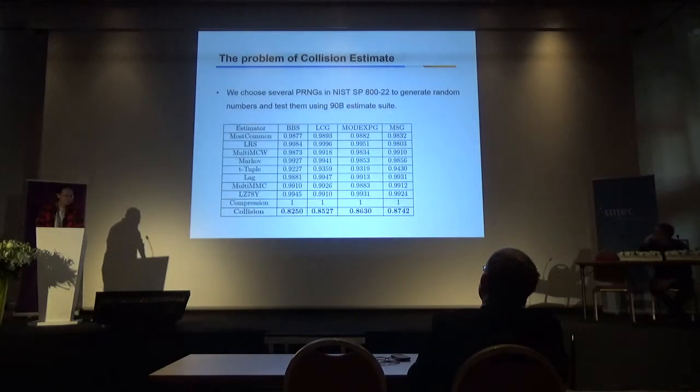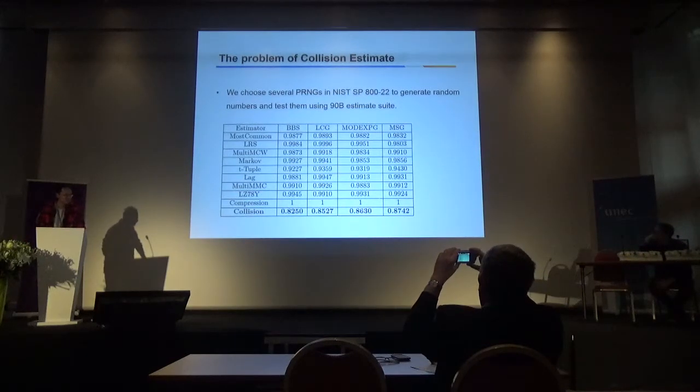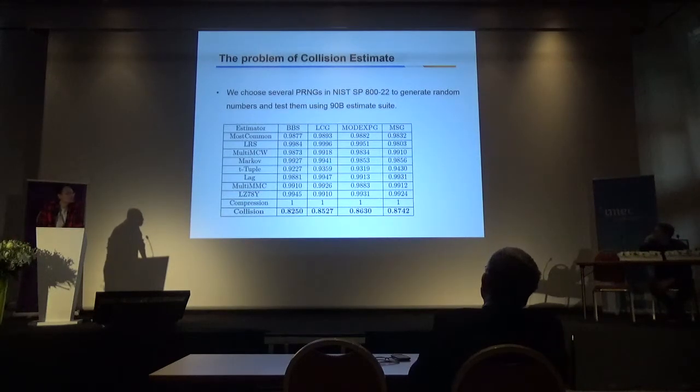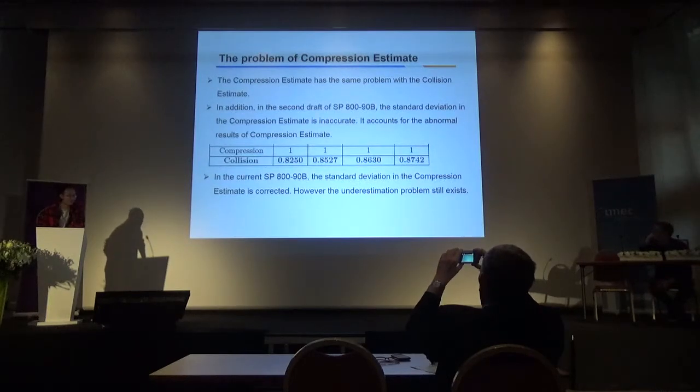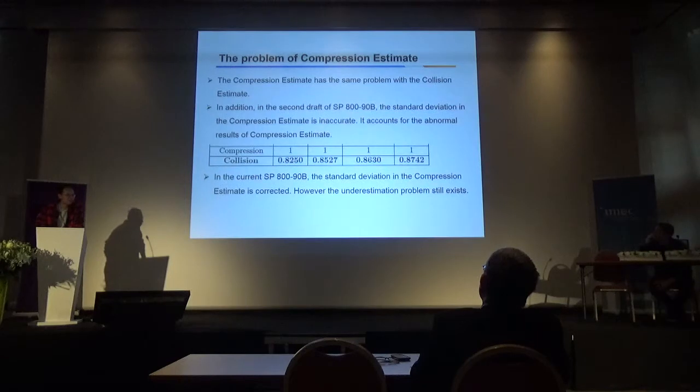And these are the experiment's results. You can see that the collision estimate is under 0.9. And here is the compression estimate. In fact, the compression estimate has the same problem as the collision estimate, except for these results.